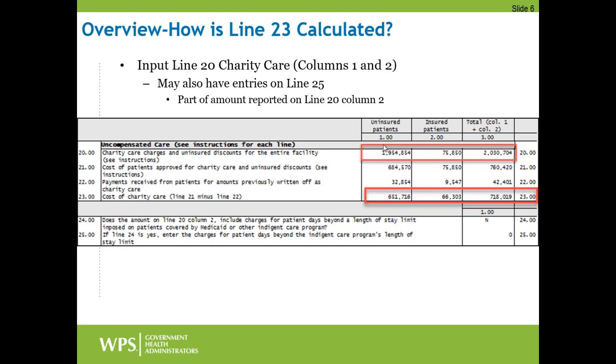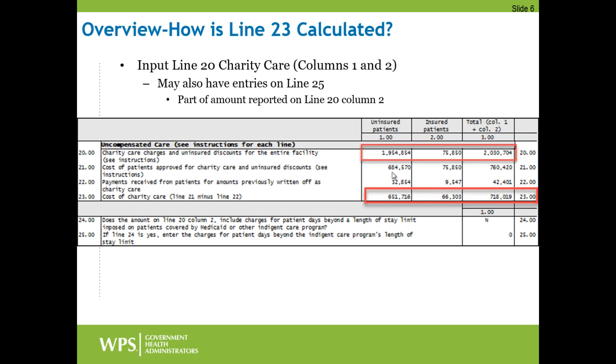But with the uninsured, what happens is the line 20 charity care charge amount gets multiplied by the line 1 at the very top of this worksheet. It gets multiplied by the cost to charge ratio that flows over from the rest of the cost report, worksheet C. The idea here is that the cost to charge ratio reduces any charge amount down to its expected or its average cost, its underlying cost, if you will.